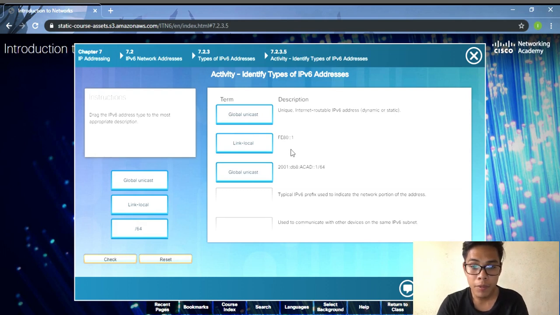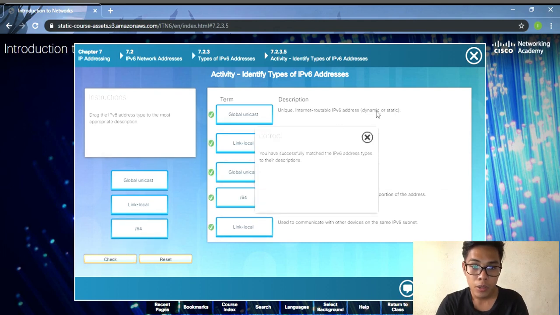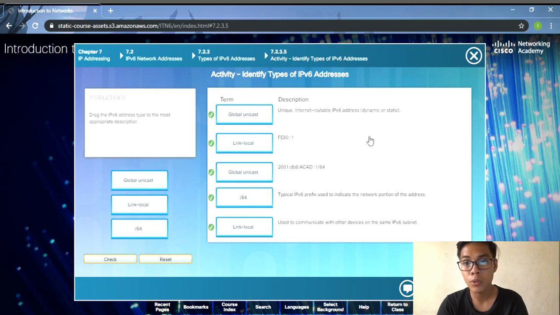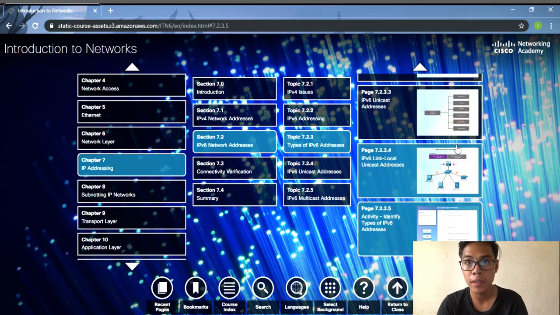A typical IPv6 prefix used to indicate the network portion of the address, it is a /64. Used to communicate with other devices on the same IPv6 subnet, that is link local. Let's check. Correct, you have successfully matched the IPv6 address types to their description. So on to the next activity.